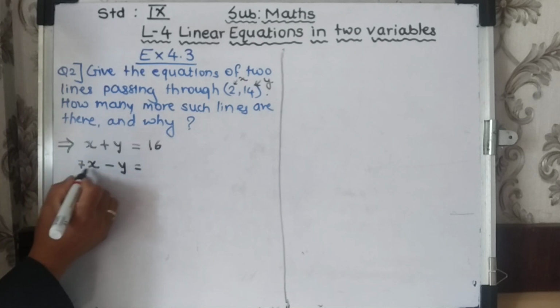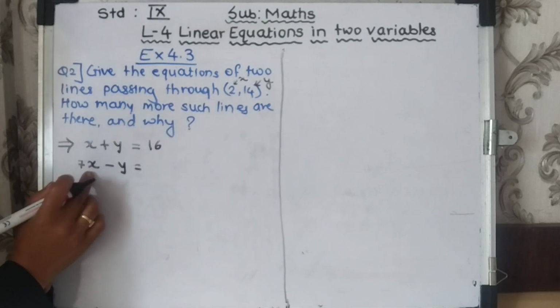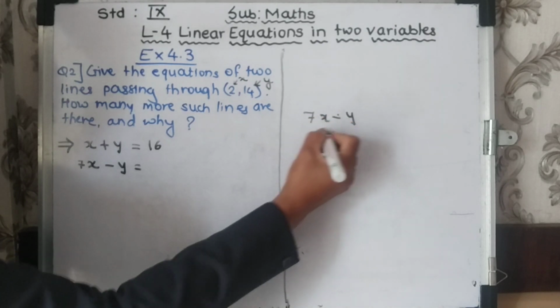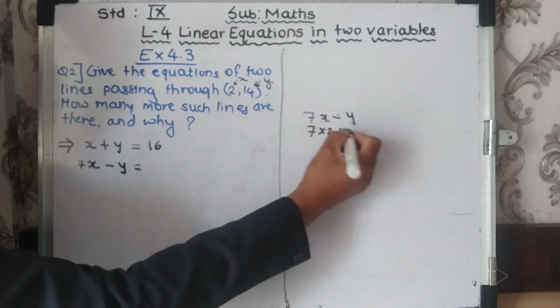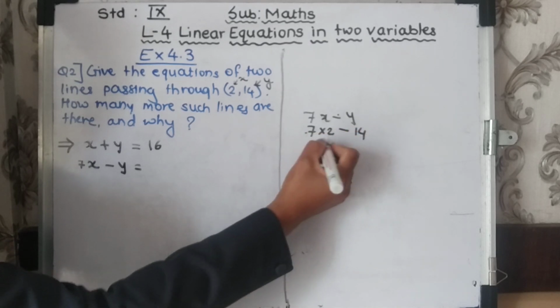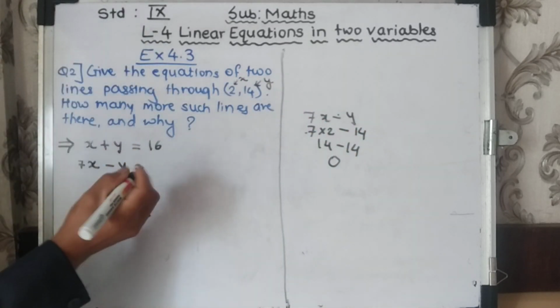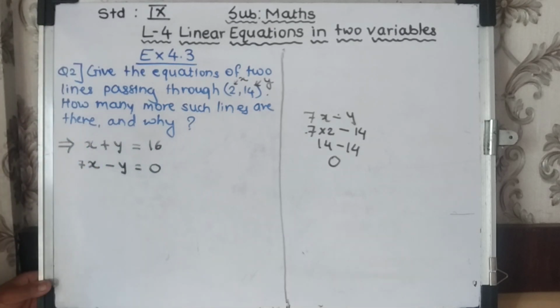I'll do rough work. 7x minus y, so 7 into 2 minus 14. 7 twos are 14, and 14 minus 14 is 0. So we will put 0 here. Likewise, two equations I have written.